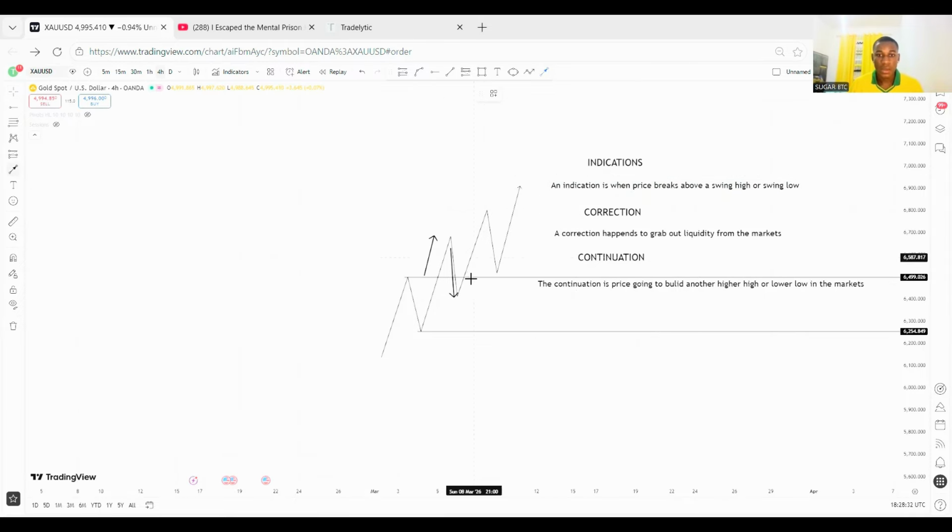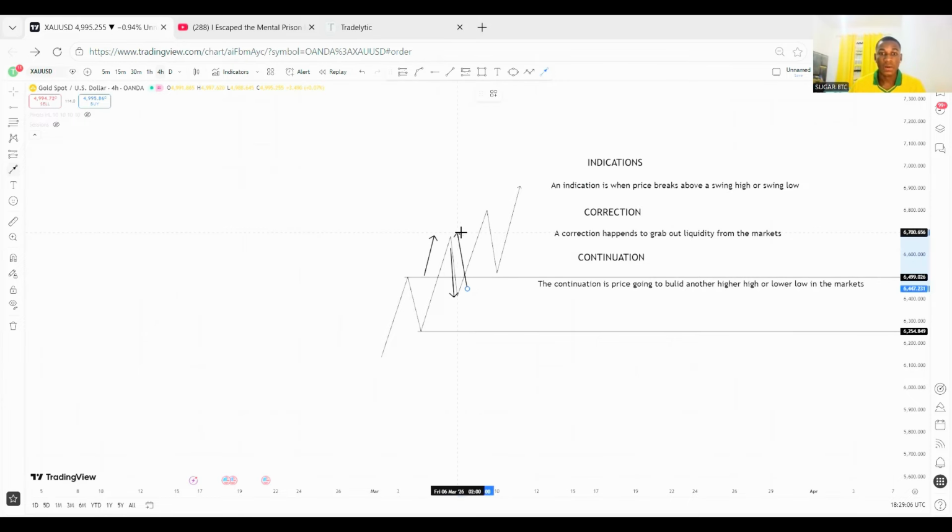The moment price breaks back above the level where they had sellers, the moment price comes back above this level for the second time, this is when I enter the trade, and I'm looking for price to come all the way to this previous level where they had reactions, this newly created swing high, this newly built higher high.